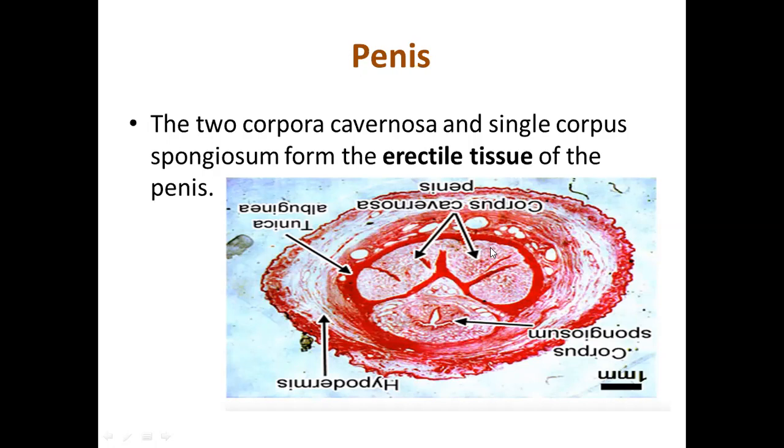When the erection is going to happen, the arterial blood supply will increase, and that blood will engorge in these sinuses and exert pressure on the veins. So they will, to a certain extent, collapse, and the blood will remain engorged and the erection will remain in that animal during the process of copulation.